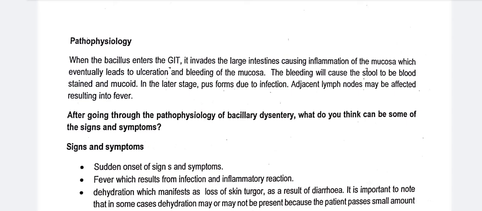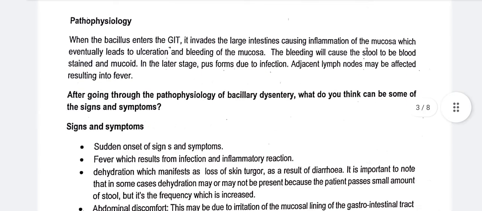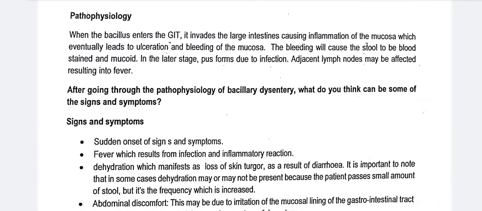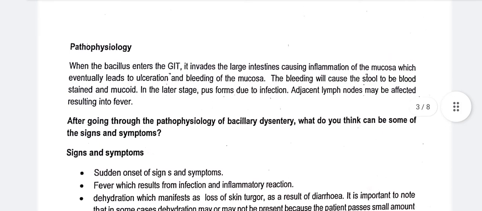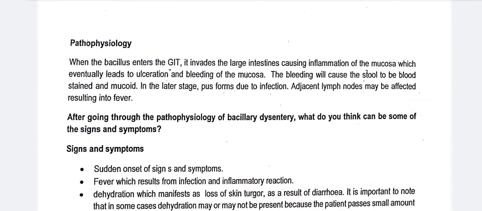Number 1, number 2, number 4, number 3. So the bacillus will enter your gastrointestinal tract. Now, take note that it invades your large intestines and not your small intestines. For cholera, it invades your small intestines. But for this one, your large intestines.